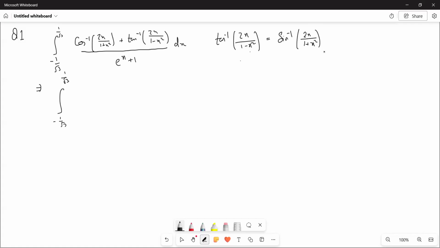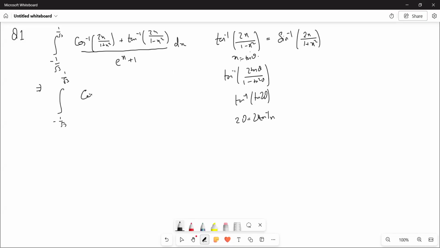And 2 tan inverse theta can be written as sin inverse of 2x by 1 plus x square. x is tan theta. तो ये आ जाएगा tan inverse of 2 tan theta by 1 minus tan square theta, which is tan inverse of tan 2 theta, which is 2 theta, which is 2 tan inverse x, and 2 tan inverse x would be sin inverse of 2x by 1 plus x square.